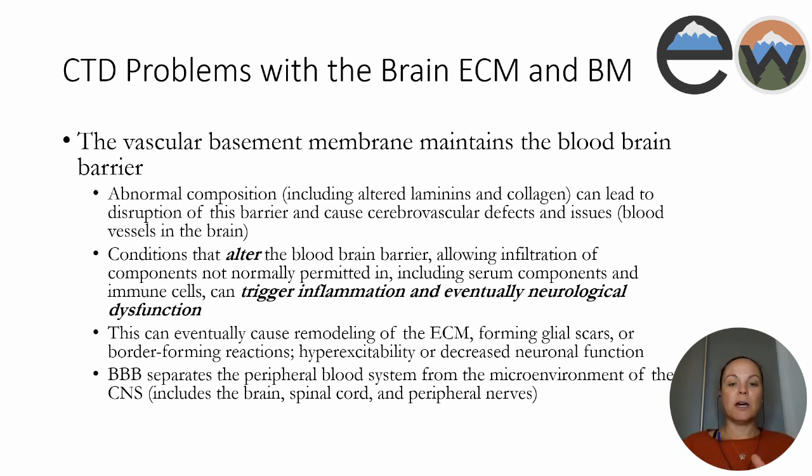But then there's also this change in excitability of neurons as well. So not just anatomical changes, but changes in excitability of our neurons. So we can have hyperexcitability or also decreased neuronal function. And I'm going to break that down a little bit later because that's actually seizure activity or seizure-like activity and also neurodegeneration, which again is pretty darn common within our population.